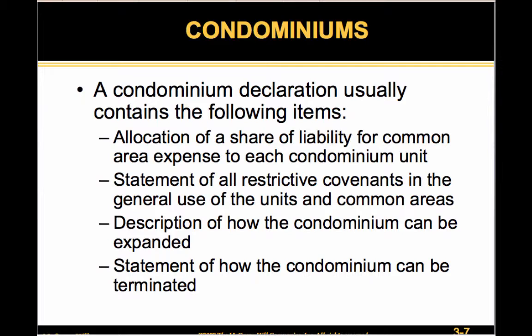So a common area, maybe there is a pool at the condominium, and the restrictive covenants might say all children under the age of 12 must be accompanied by an adult. A description of how the condominium can be expanded. That way they're not just going to start throwing up buildings without the permission or vote of the owners, and a statement of how the condominium can be terminated.